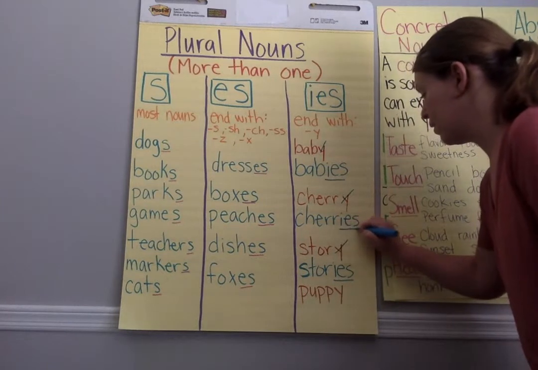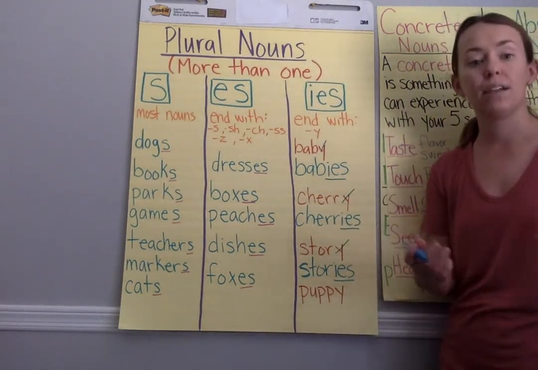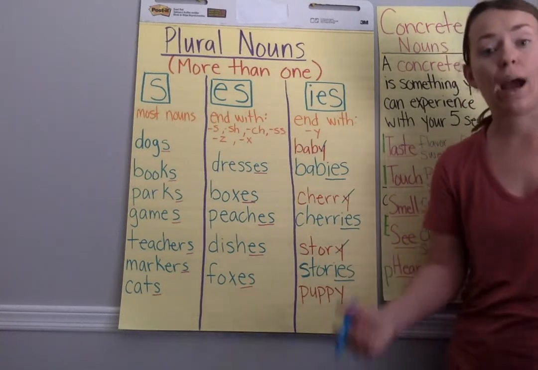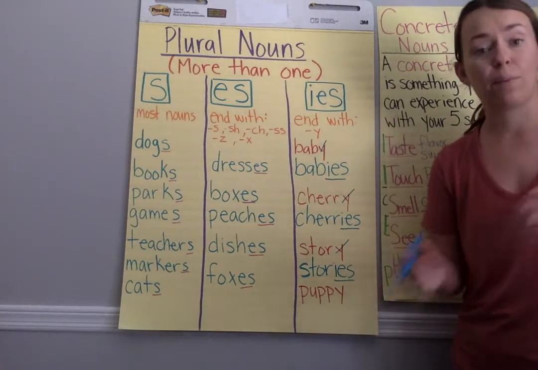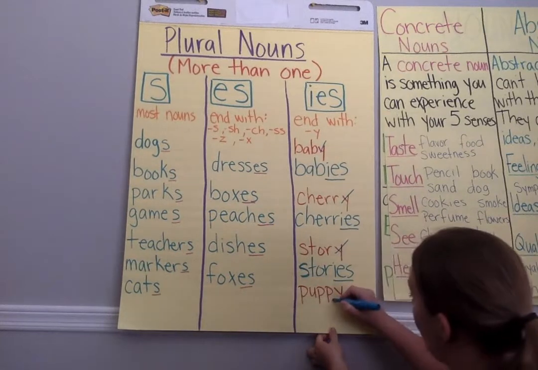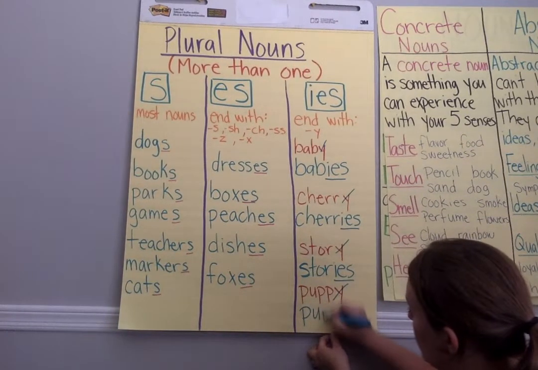Let's get that one too. And last one, everyone's favorite thing in the world, a puppy. Well, I don't want just one puppy, I want a bunch of puppies. So how would I change puppy to make it plural? I would drop that Y and add IES. So we're going to drop the Y and add IES to make puppies.